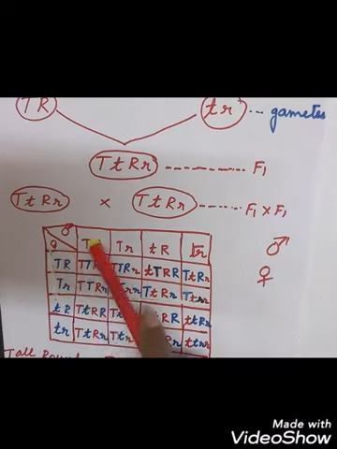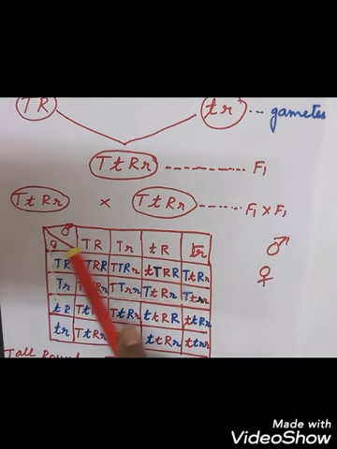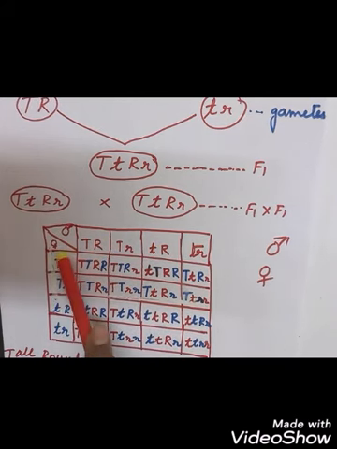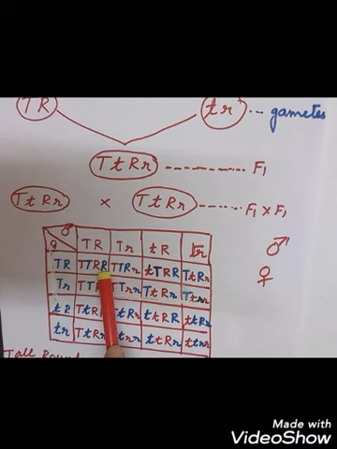Now you try to cross this with this one, this one, this one and this one. Four times we have to cross this one with all four. So capital T, capital R, capital R, capital T, capital R, small r, capital T, small t, capital R, capital T, small t, capital R, small r.